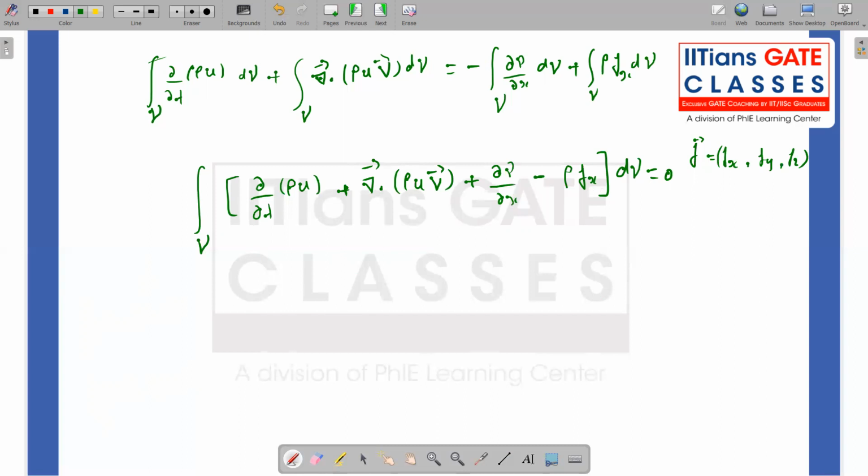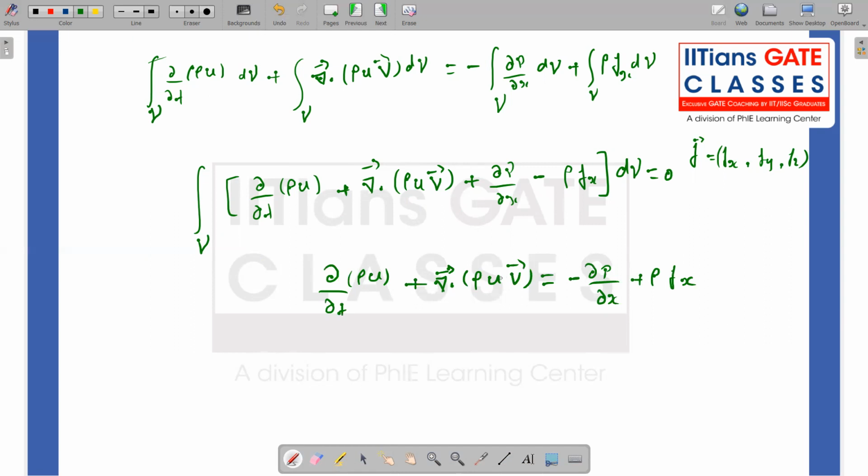Now again, a similar condition: the integrand has to be 0. That leaves me dou by dou t of rho u plus the divergence of rho u times the velocity vector equal to minus dou p by dou x plus rho fx. So this is the momentum equation in differential form.